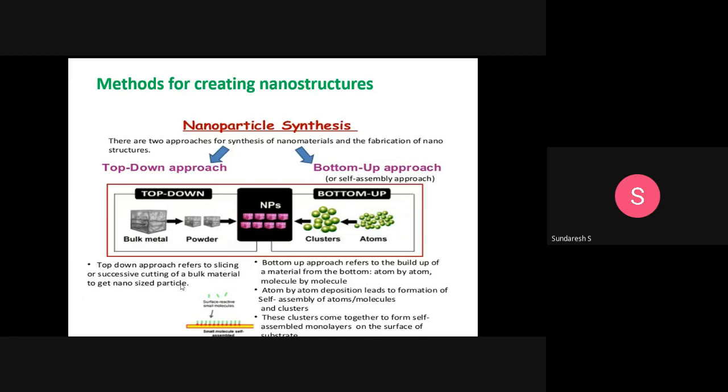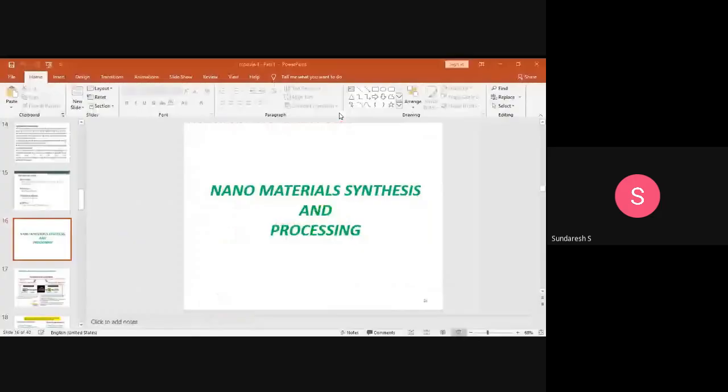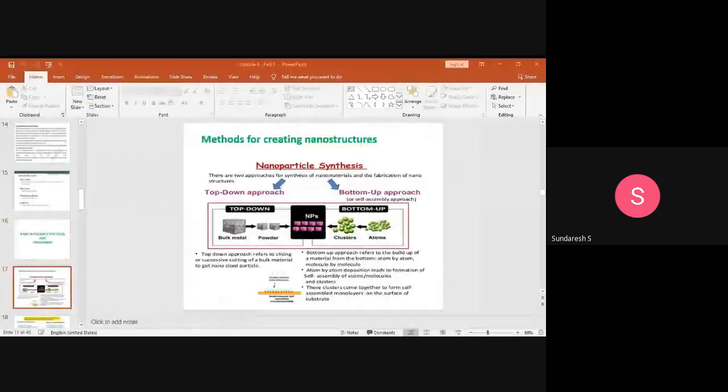So you have a bulk material, and it is processed, in the sense that it is sliced or cut many times, to get the nanoparticles.